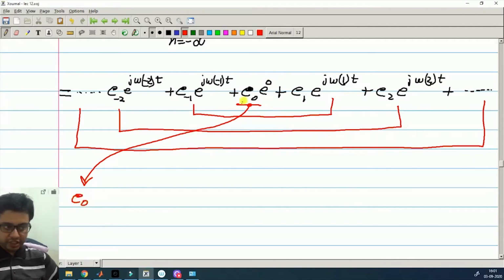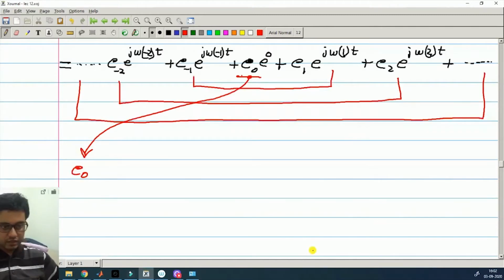C0 e to the power 0 is 1, and note that e to the power j theta is equal to cosine theta plus j sine theta.